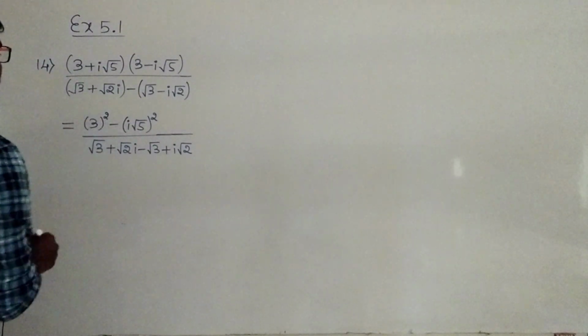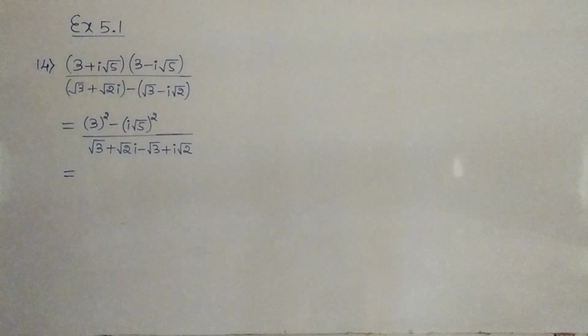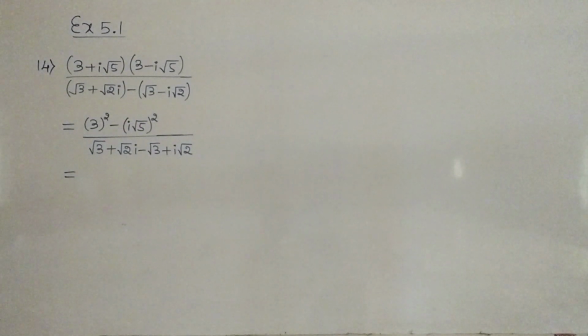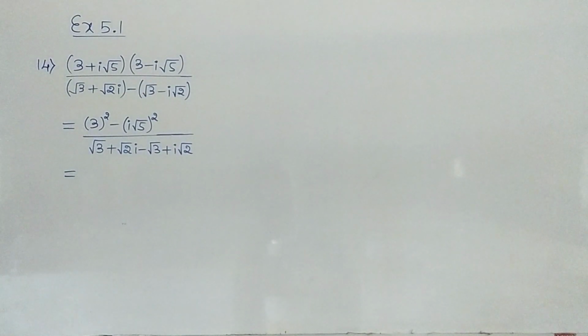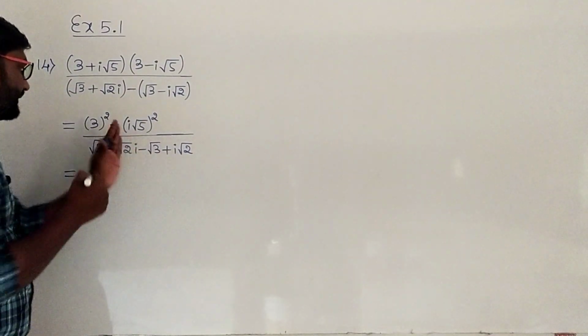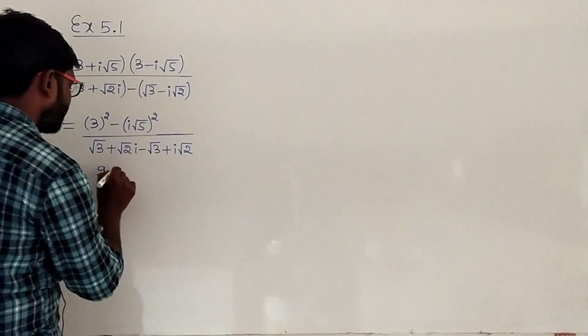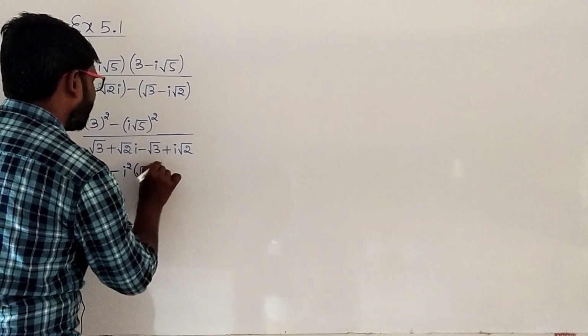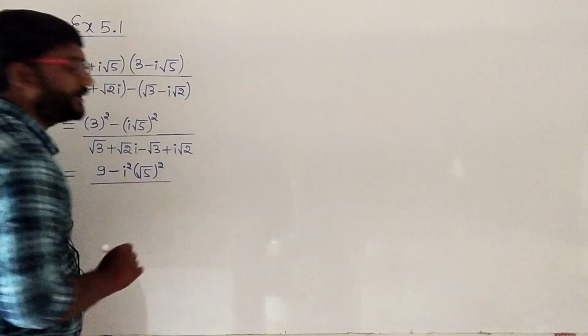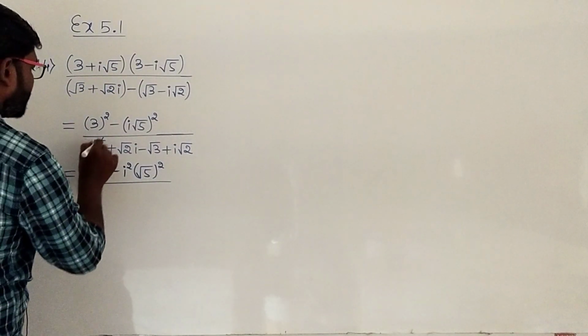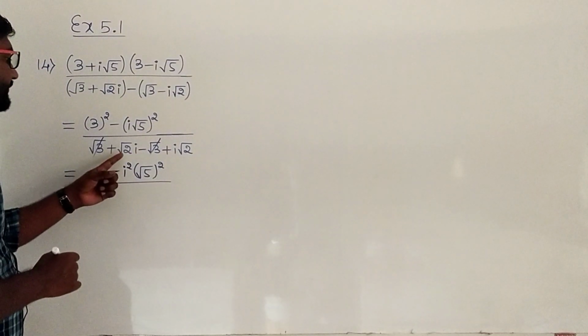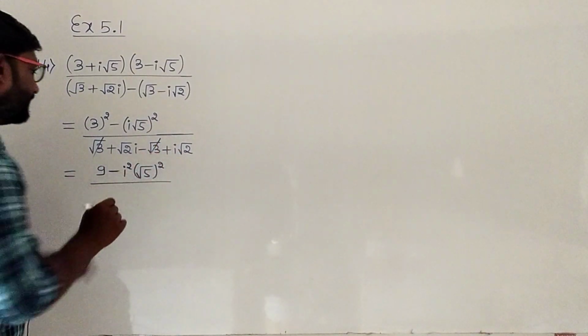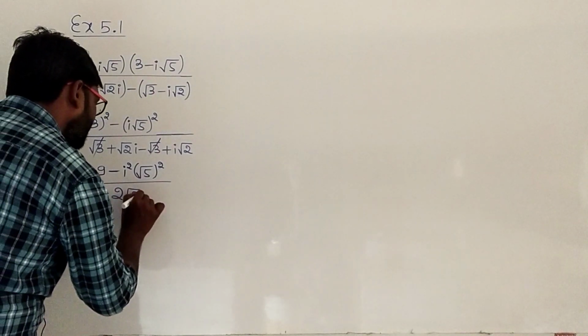So here 3 square will be 9. Then minus i square into root 5 the whole square, divided by root 3 minus root 3 cancels, and then we have root 2i and i root 2, both are the same, so we get 2 root 2i.